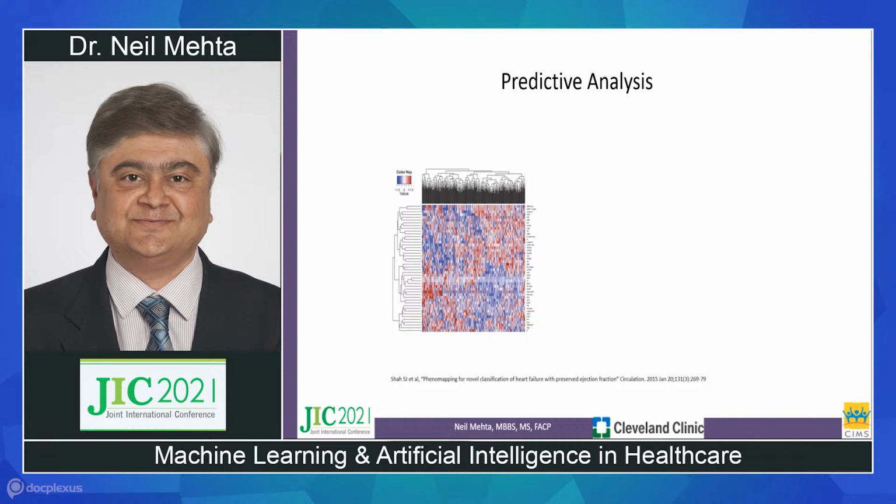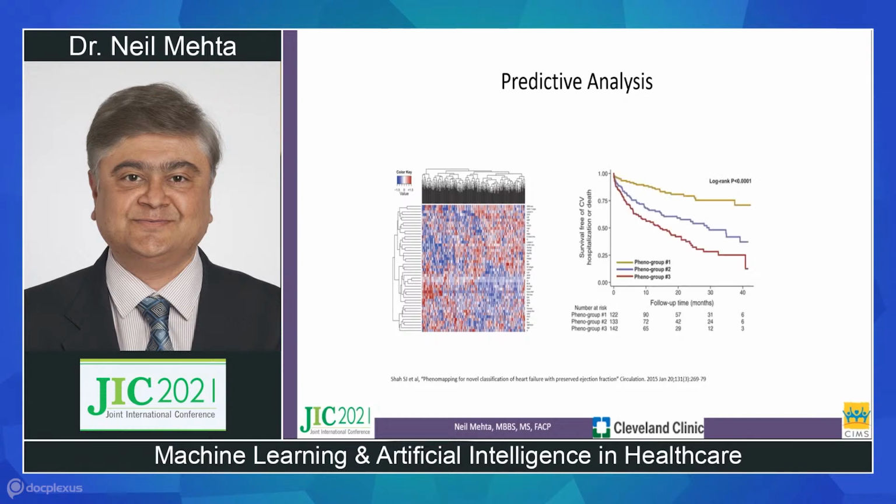And what happened was that the machine identified three groups. They clustered the patients who looked the same to the humans, to the clinicians, into three separate groups. And then when they were traced over time and tracked over time, it turned out that the three groups actually had different outcomes over 40 months of follow-up, with one group doing much worse than the others.